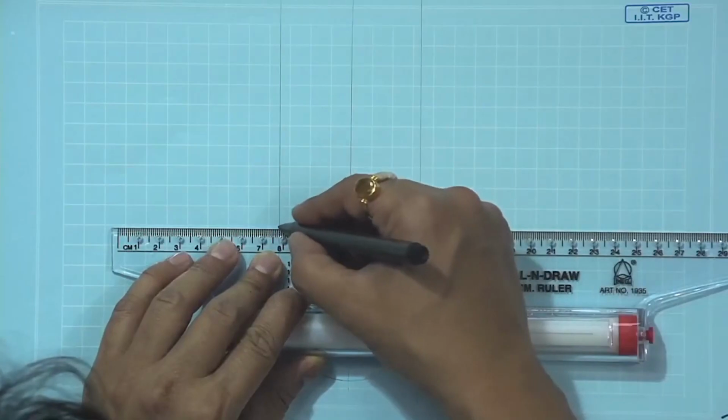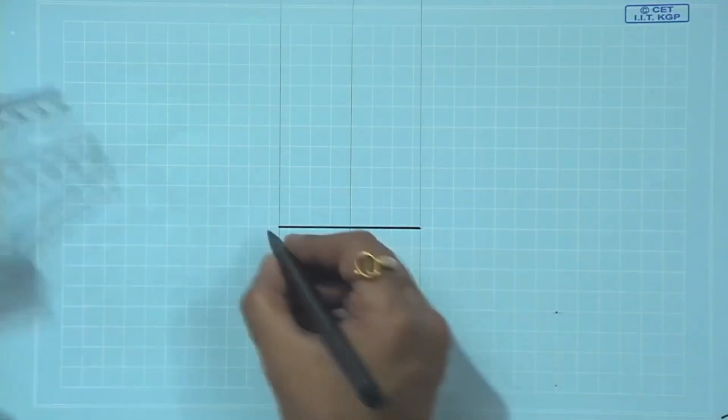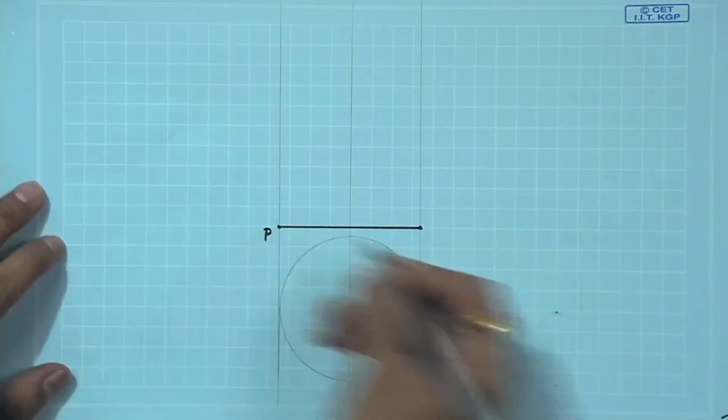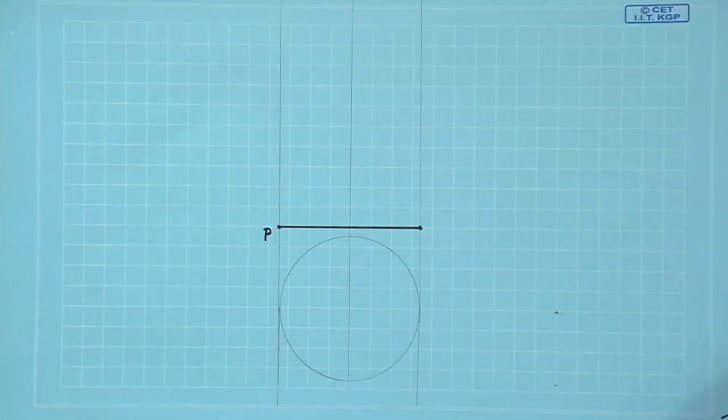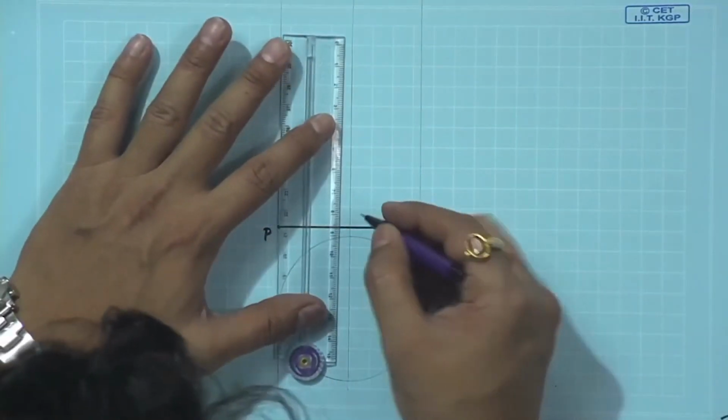So, let us make the cone base this. This is the starting point, end point, let us call it P. We have to locate 90 mm as height for the cone.